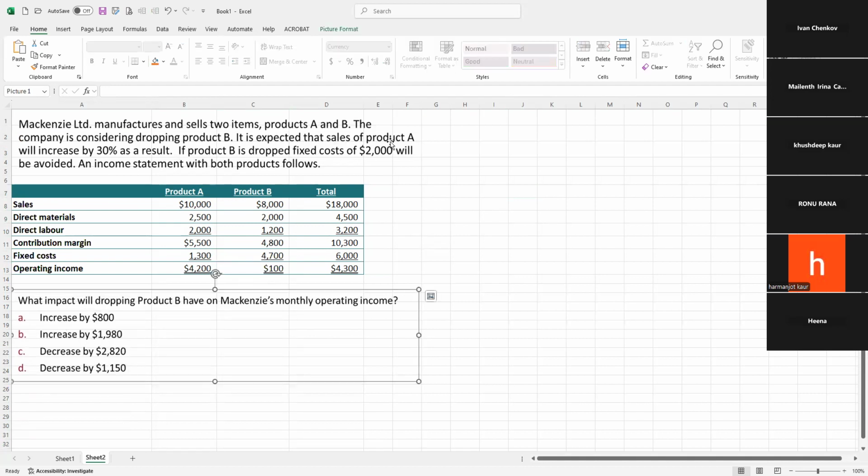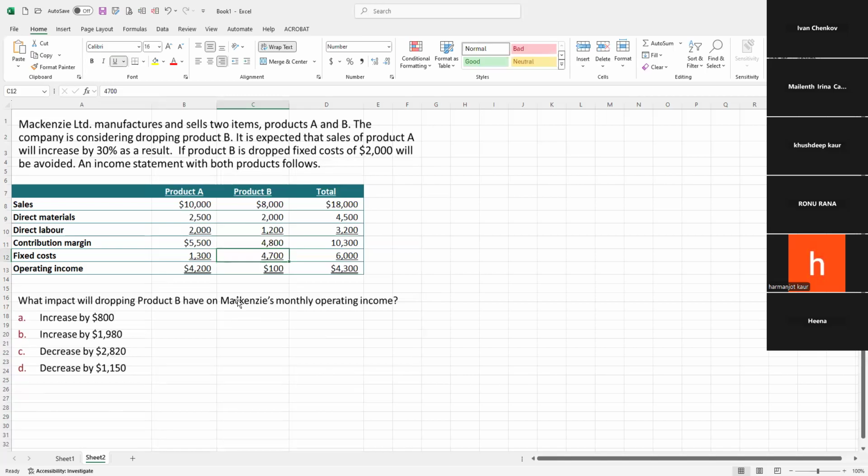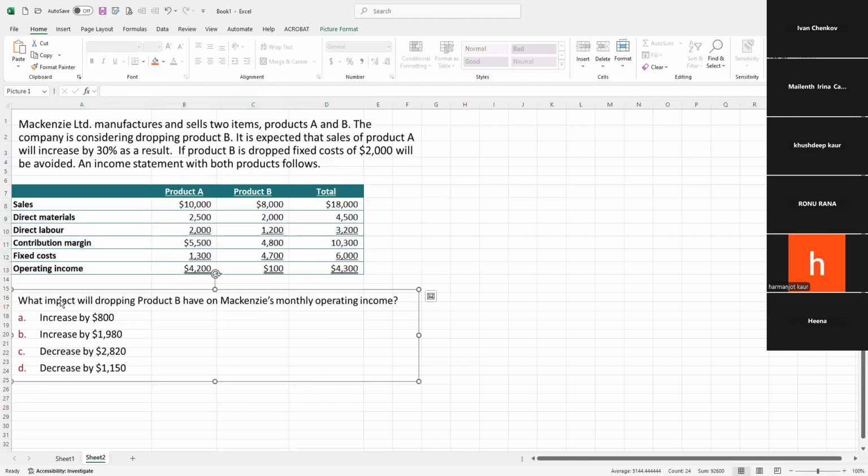It's expected that the sales of product A are going to increase by 30% as a result. And if product B is dropped, fixed cost of $2,000 will be avoided. This is the income statement with both products. So what will be the impact on this company's operating income if we do this?